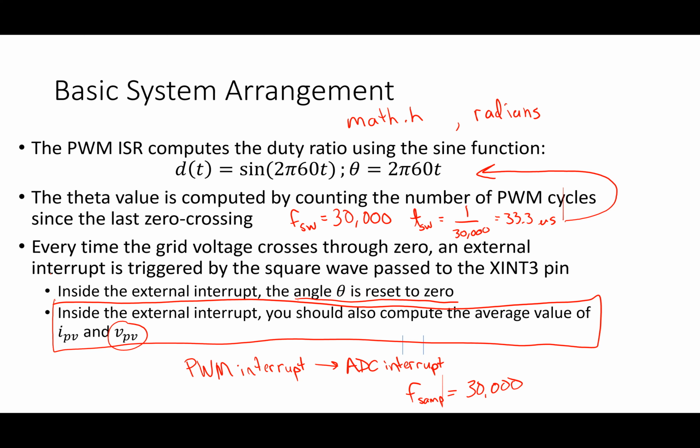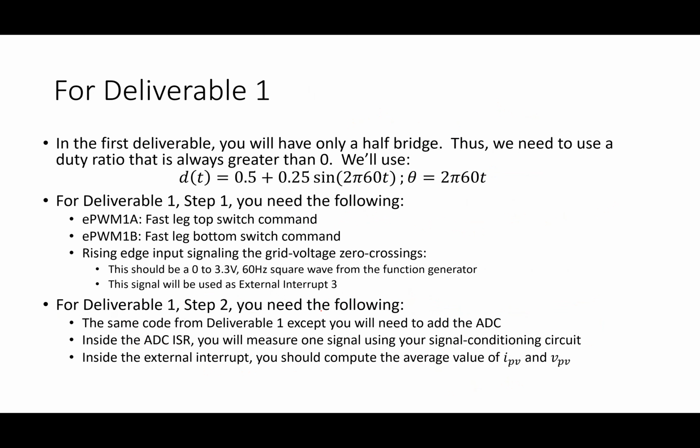So what I'm doing is I'm averaging over each 60 hertz cycle, right? In that 60 hertz cycle, so 60 hertz is about 16 milliseconds, I'm going to have, I don't know, a couple of hundred samples of VPV and IPV. So I'm going to average over all those samples, okay? So that's the basic operations that we need.